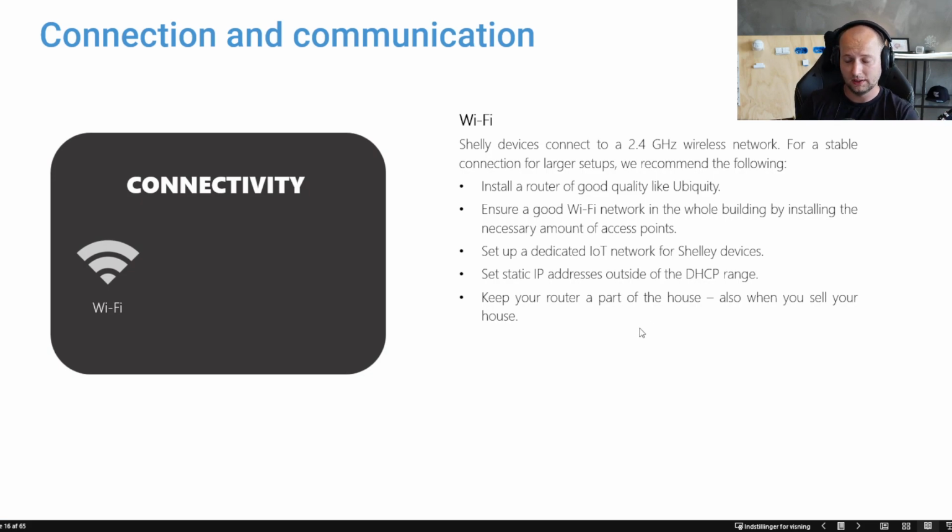You don't necessarily need any cloud connection, but you will need the local Wi-Fi network made by your router. If you remove the router from your house, then you don't have the local Wi-Fi network, and your devices will not work. So always when doing bigger installations, I recommend you buy a decent router of good quality and make it a part of your house, because this is the backbone of your Shelly installation.